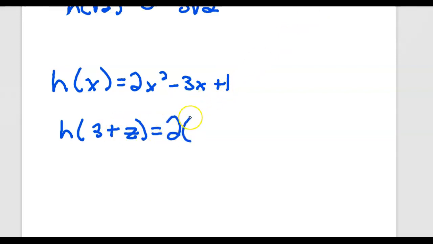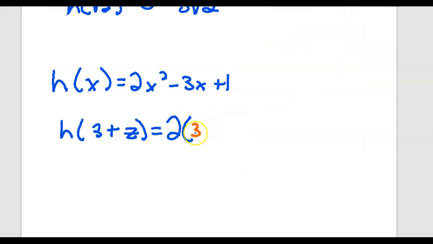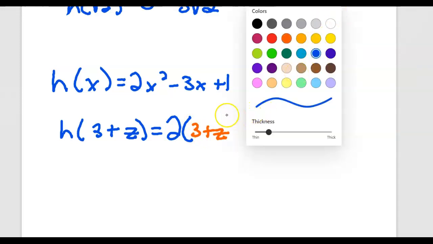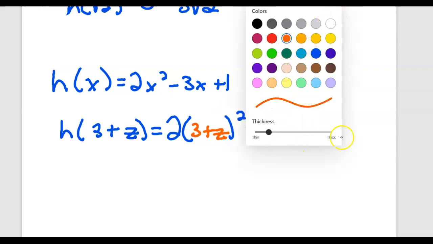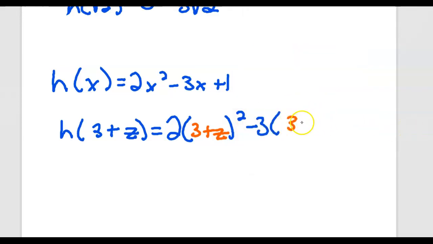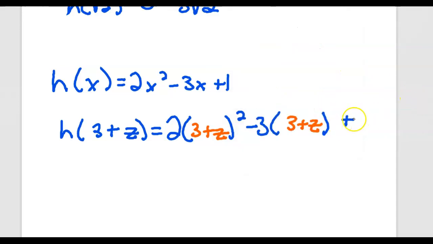So I have 2, and in place of my x, I'm going to put that 3 plus z, and then I'm going to come back over here, have my square, minus 3, and again I'm going to put 3 plus z, and then my plus 1.